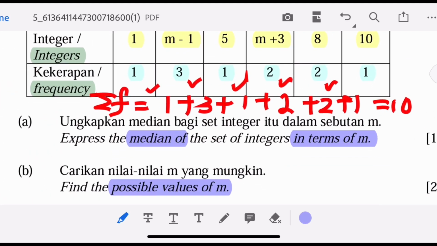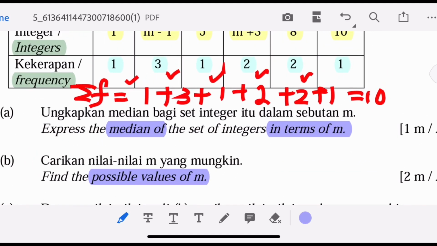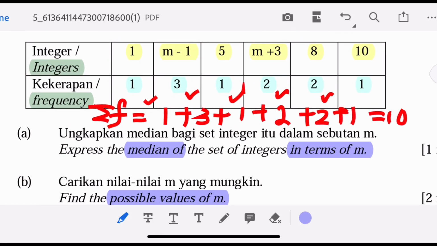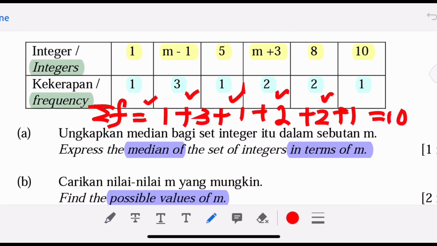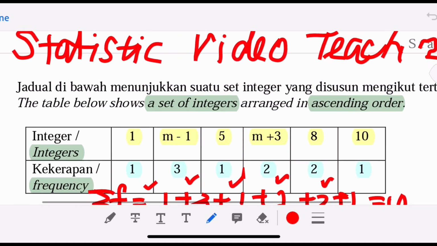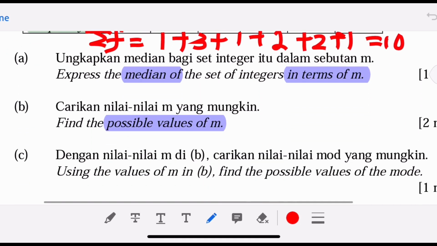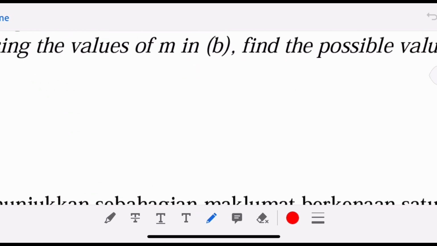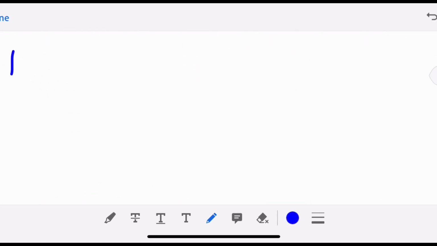The number of data is 10, which is an even number. I would like to introduce to you the right way to solve the median, which is to use the formula. Now please focus on the concept.